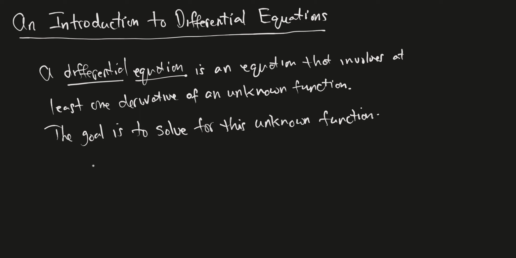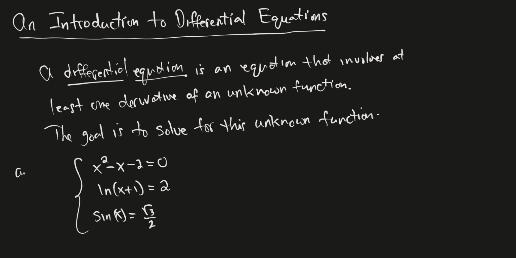So we're used to equations that look like this, for instance. Equations that look like this, like that, like that. And all of these equations are either algebraic or transcendental equations, right?